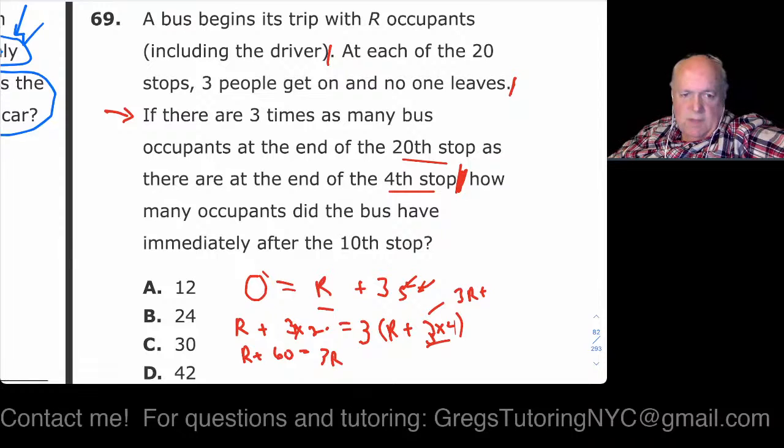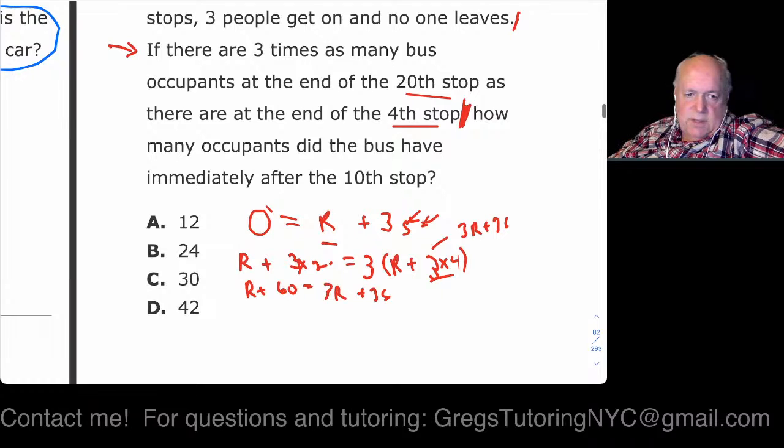We have 3R plus 36. So we can subtract an R from here, that cancels, and subtract an R from here. So we get 2R, and then I'm going to subtract the 36 here and the 36 there. That would give us 24, if I'm doing this right, and therefore R is equal to 12.